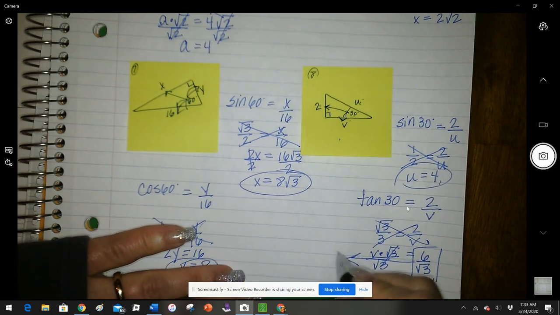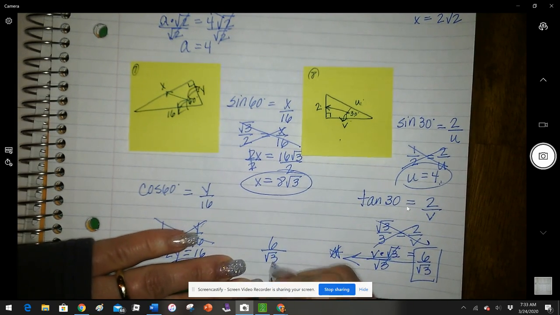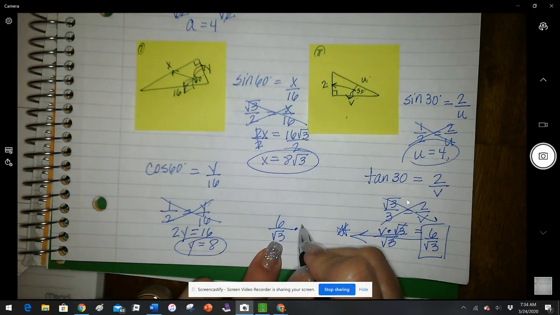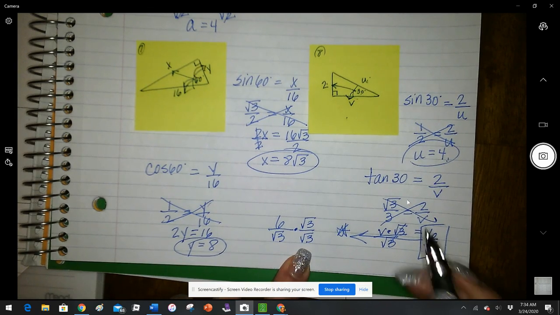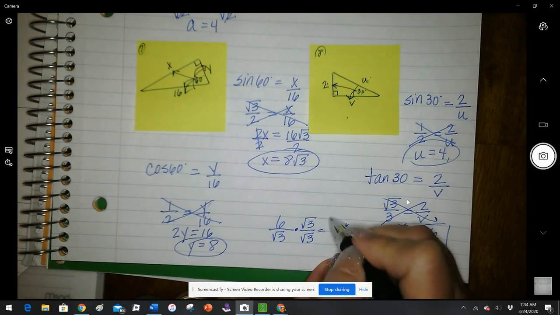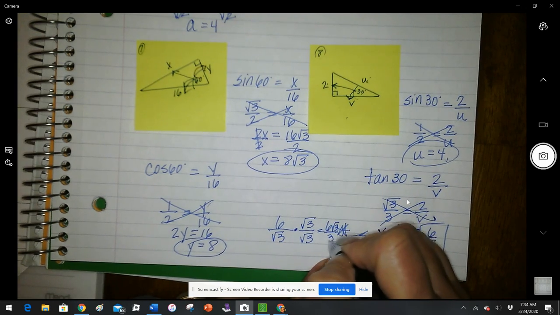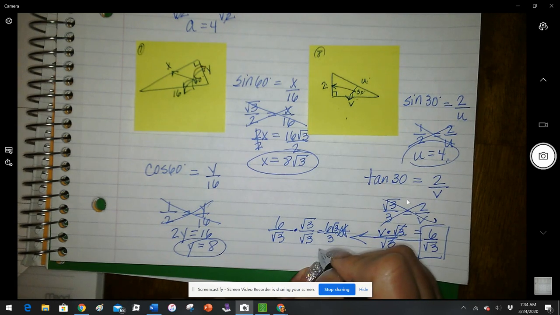And so you have to rationalize that denominator. When you rationalize the denominator, remember you multiply by that radical. So we're going to multiply by root 3 over 3. So I'm going to end up with 6 root 3 over 3, and then that can be reduced. I'm totally out of space.